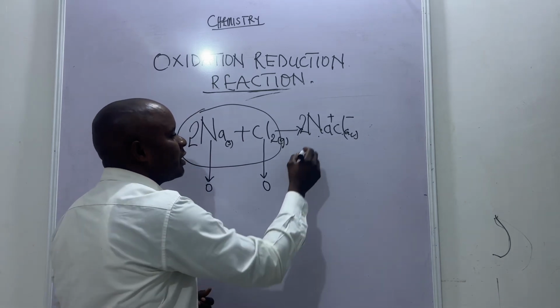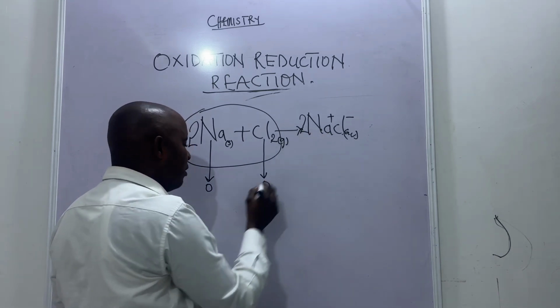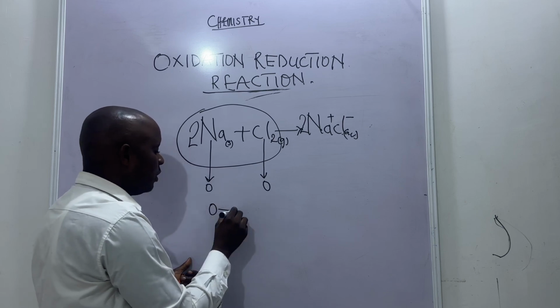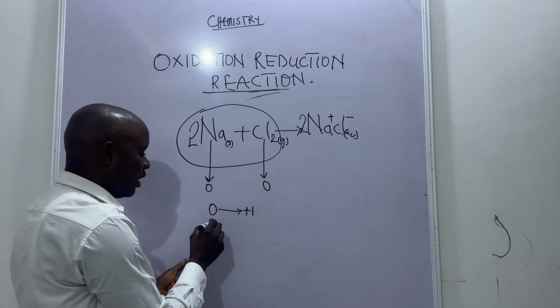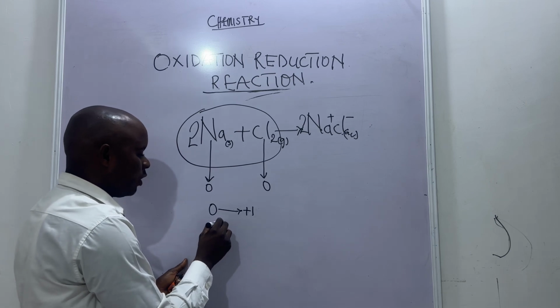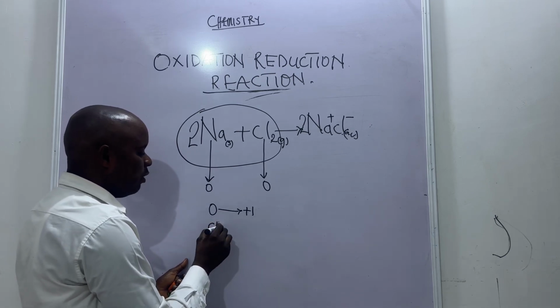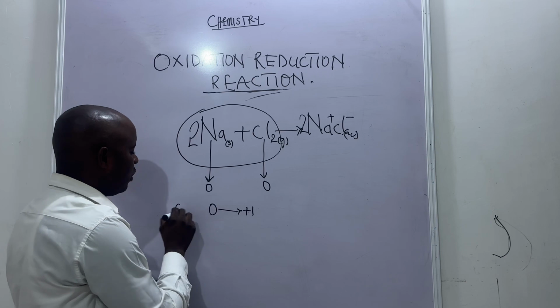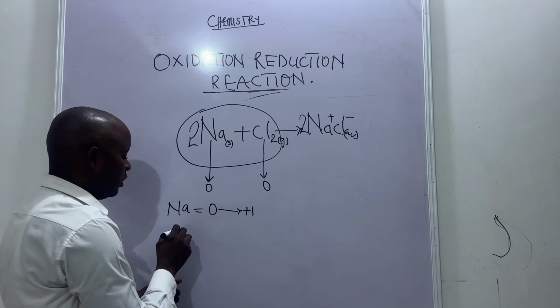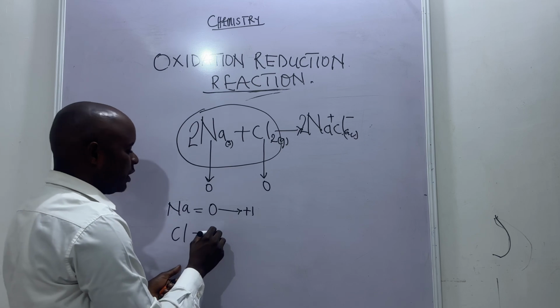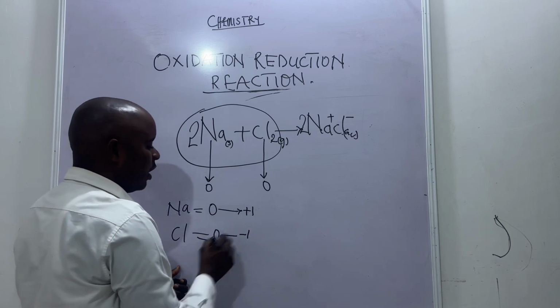So we said sodium now moves from 0 to +1, while chlorine moves from 0 to -1.